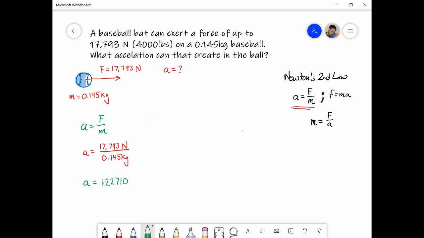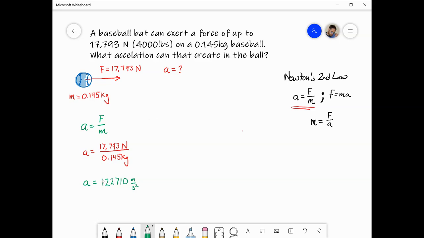What units am I going to get if I have newtons over kilograms? Newtons divided by kilograms come out actually with a unit of acceleration, where my units of acceleration are meters per second per second.